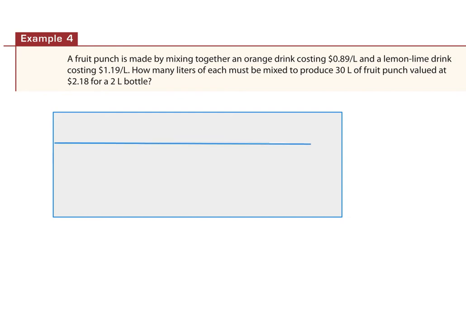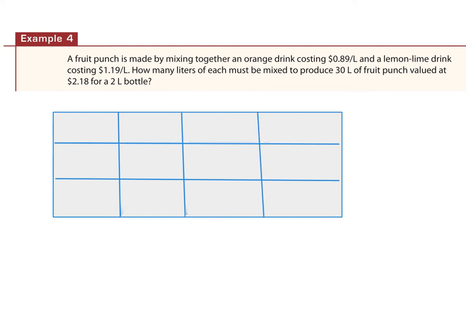You want a line for each of the individual pieces as well as the mixture itself. Then you want the quantity that I have. The next column is either going to be a price or a percentage, and the last column depends on what you're looking for.